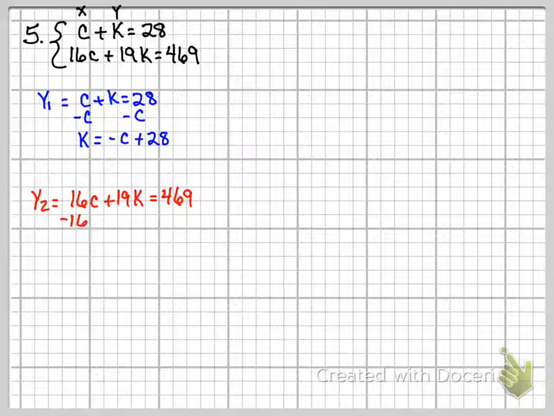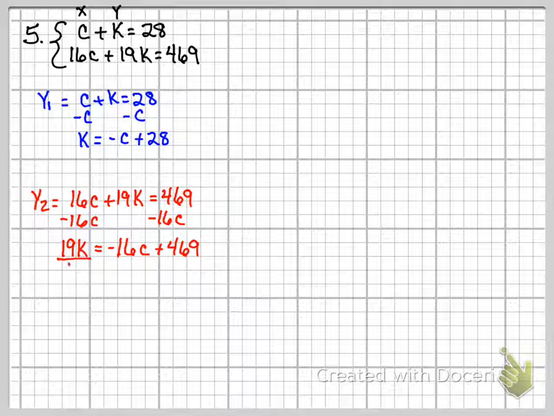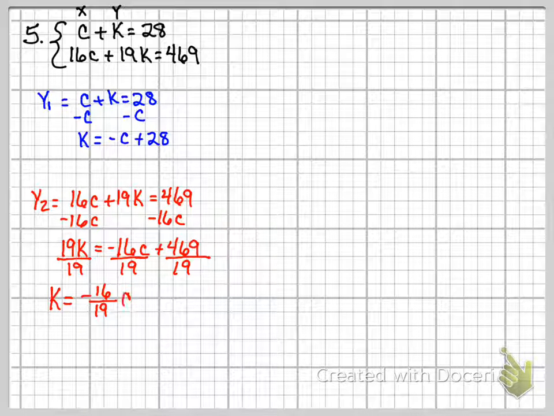We will subtract that 16C, and I get 19K is equal to negative 16C plus 469. We're going to divide by 19, so K is equal to negative 16 over 19 C plus 469 divided by 19.